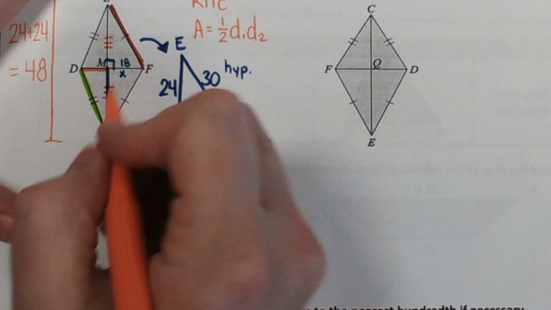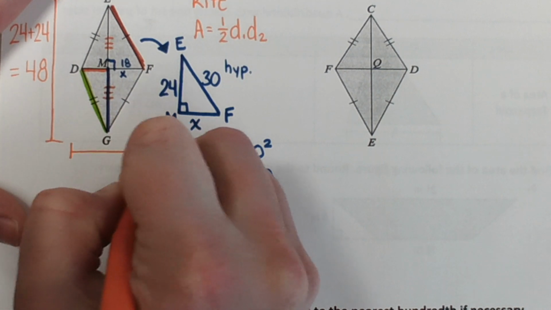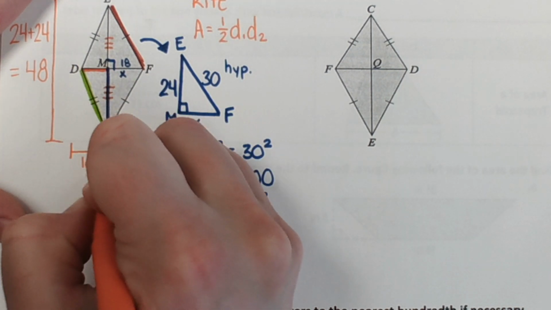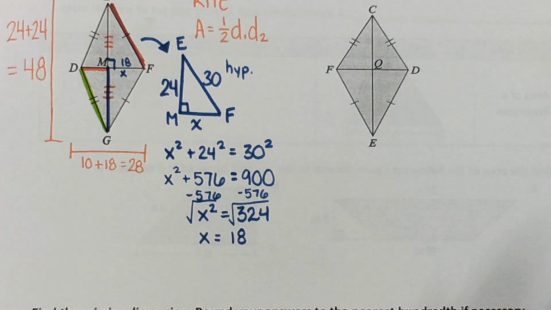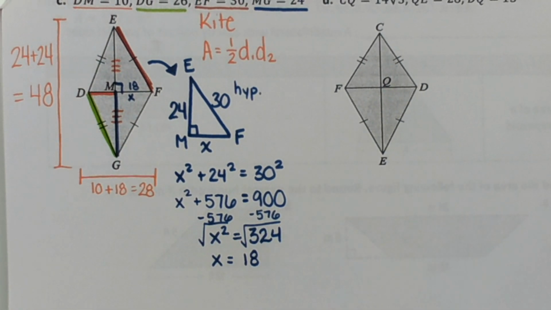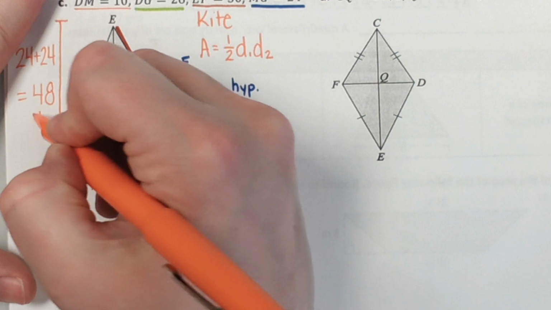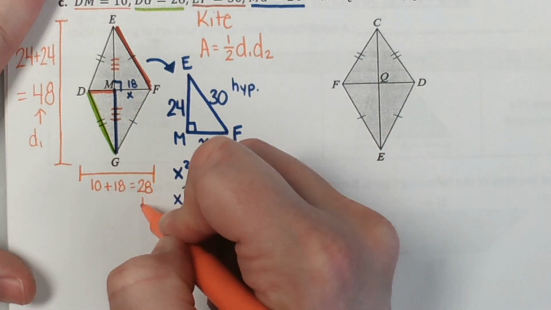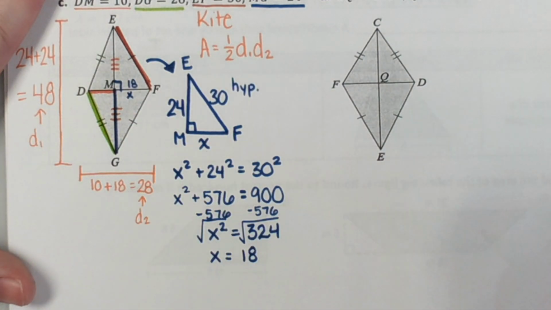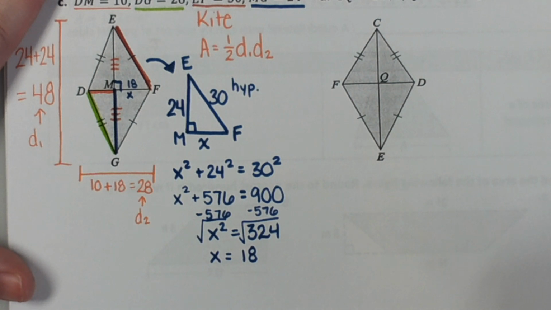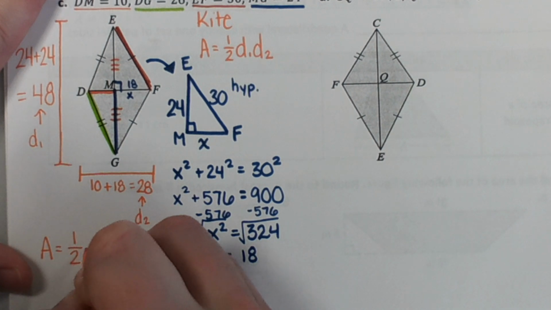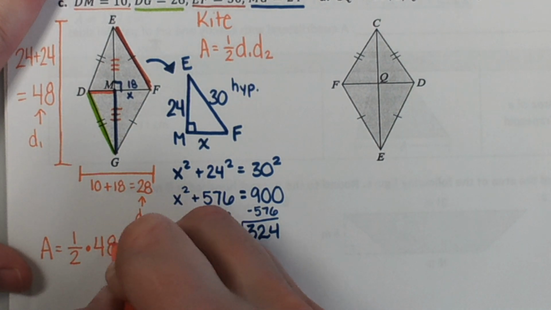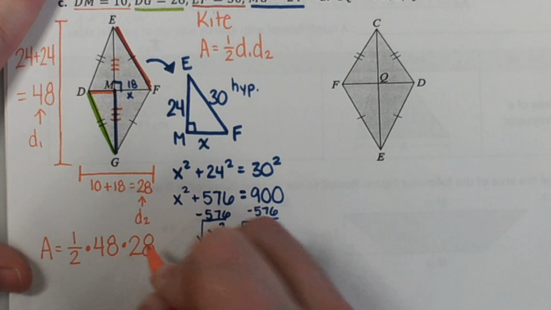How'd you get 28? 10 plus 18. Yes. DM was 10. MF was 18. So yes, all the way across is now 28. The 48 and the 28 are our diagonals. One half times D1 times D2.